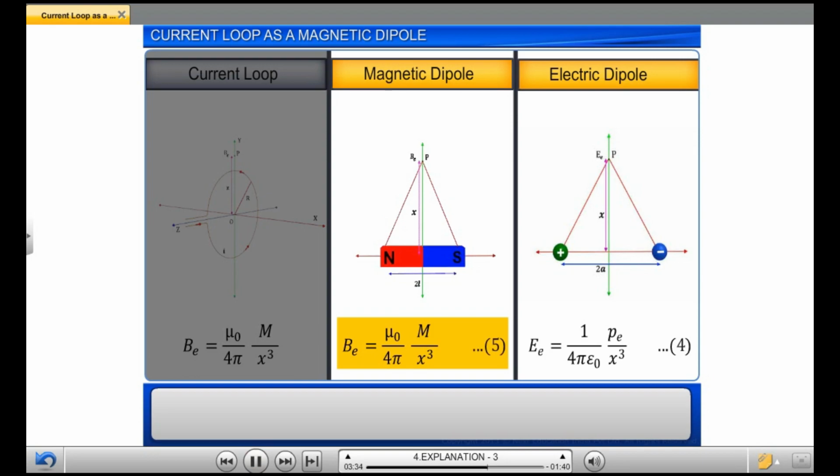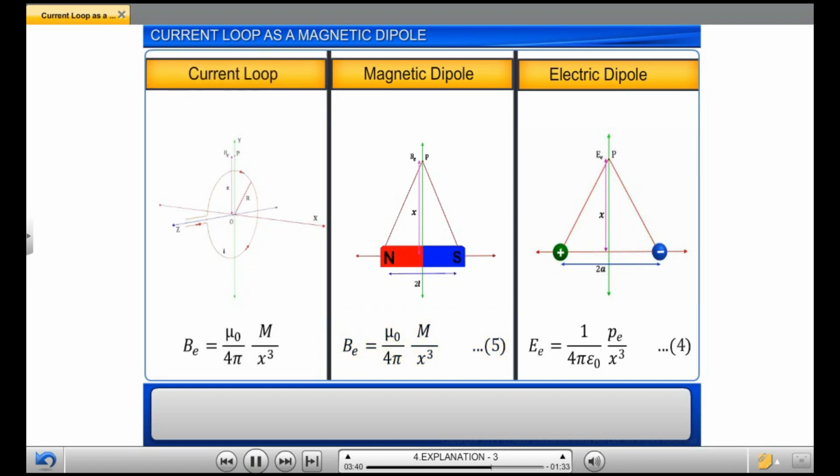Here, the distance x of the point is much greater than half the length of the magnetic dipole. Let us make use of the similarity in the relations we have arrived at, while we mapped the magnetic induction at a point on the equatorial line of a magnetic dipole and the electric field strength at a point on the equatorial line of an electric dipole.